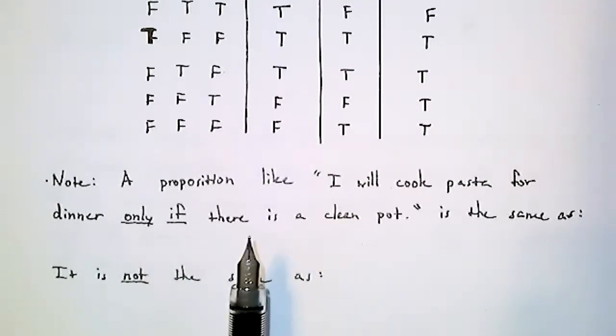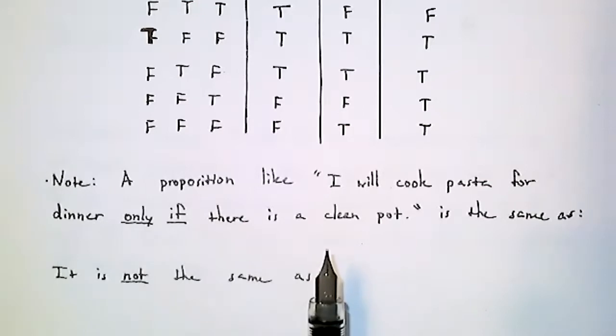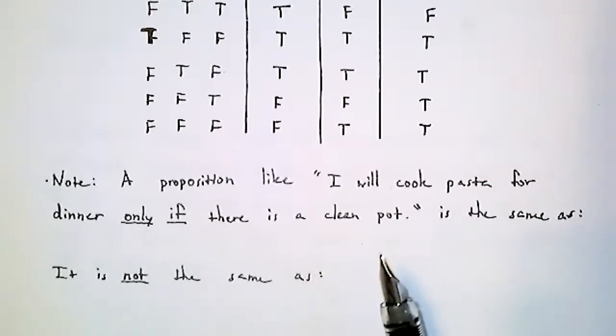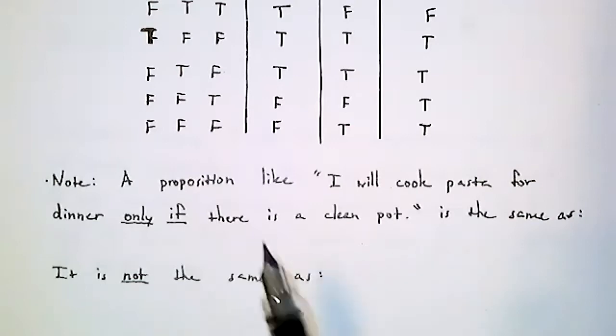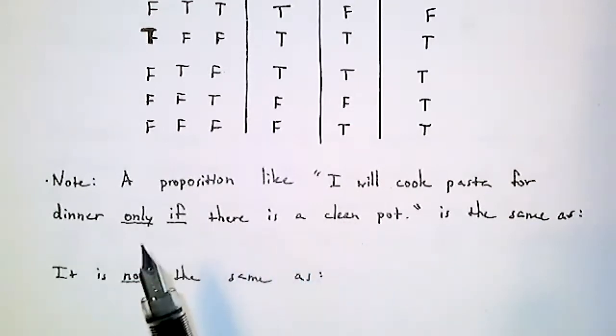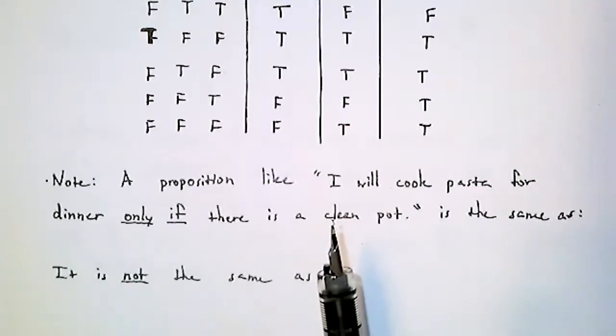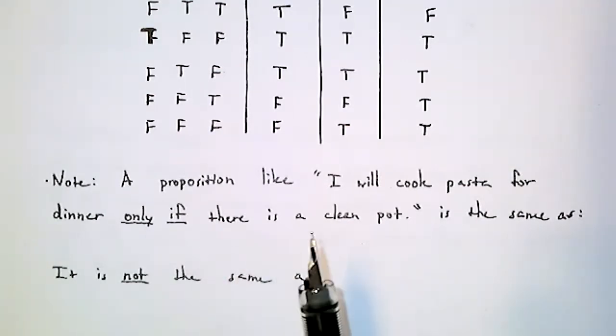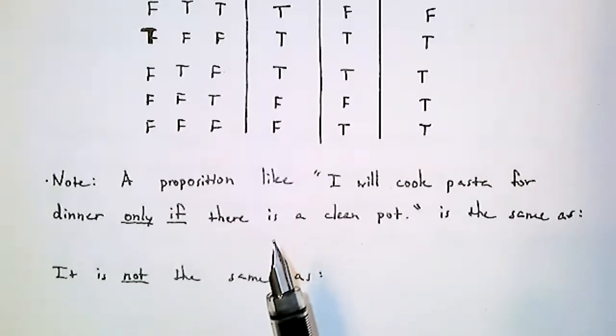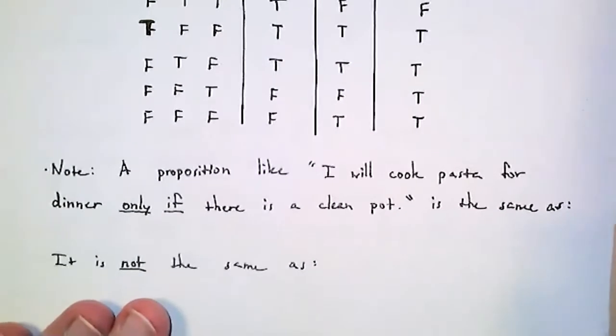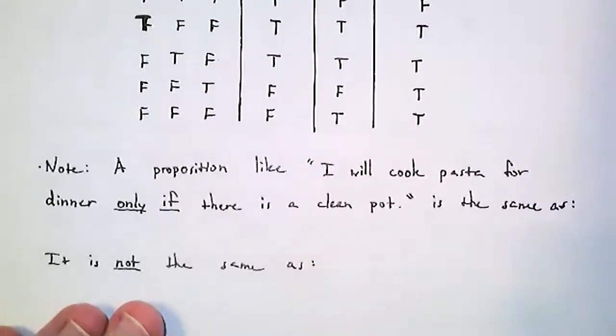Which of these two things is my hypothesis? Which is the conclusion? Okay, William is saying this is backwards. So should this be, if there's a clean pot, then I will cook dinner? Or should it be, if I cook pasta, then there's a clean pot? Okay, so everyone is wrong, and that's why I wanted to point this out.